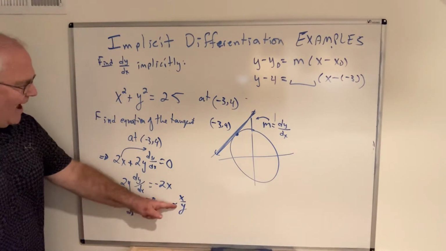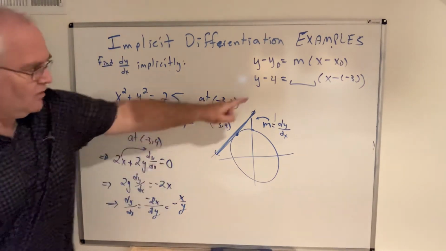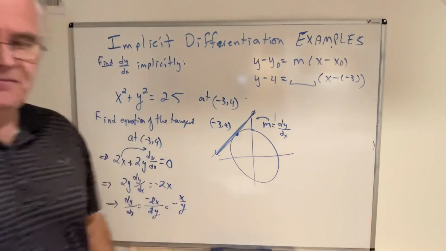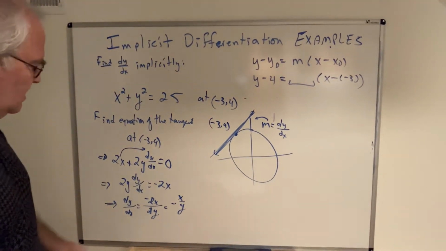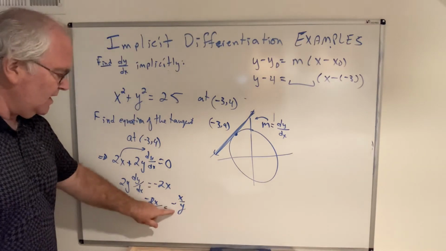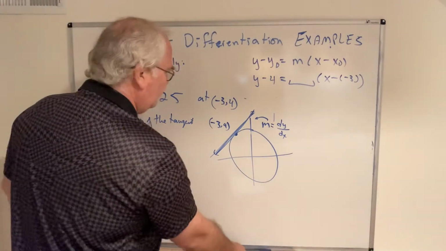Now how do we use that and this information to find the slope? You don't put negative x over y in this equation. We don't want that. What we need to do is to evaluate this at the given information. So I'm going to move my picture over here.